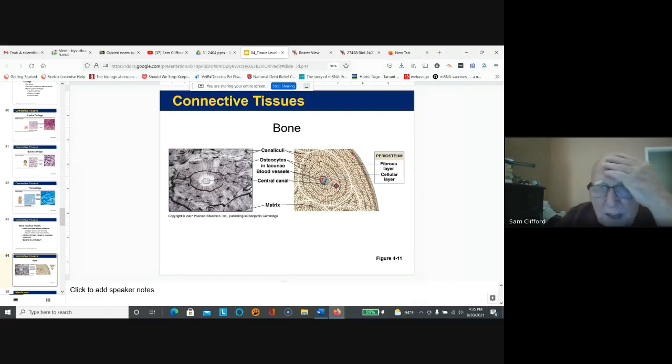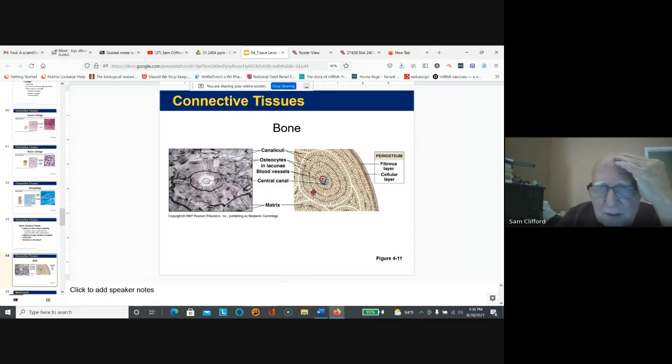If you look at compact bone, this is a cross section. So in the middle is the central canal where blood vessels and nerves are. So bone is a living, growing tissue. Bone is constantly growing and readjusting to weight, hormone level, age, and so on.